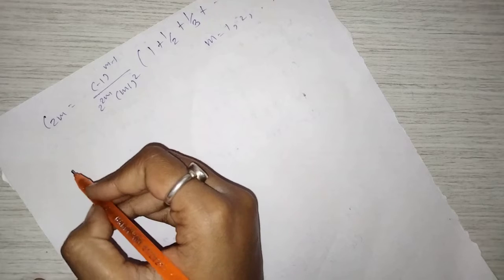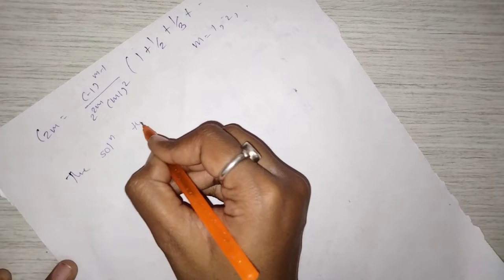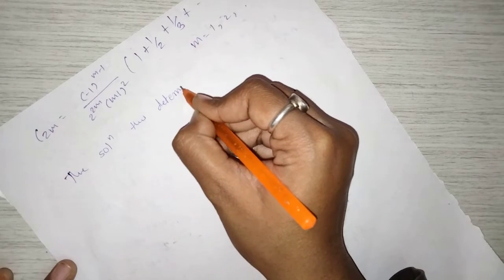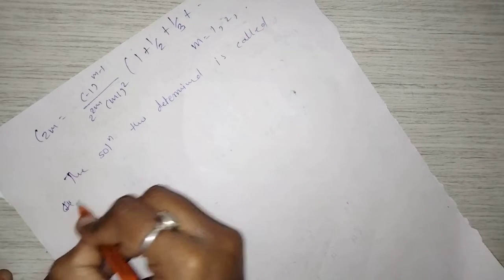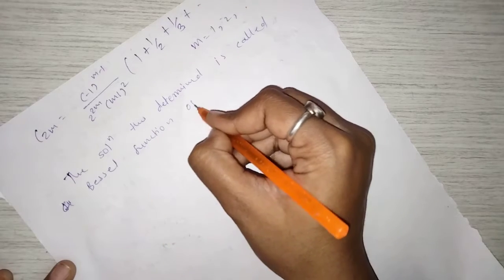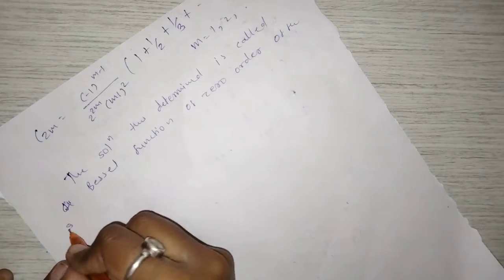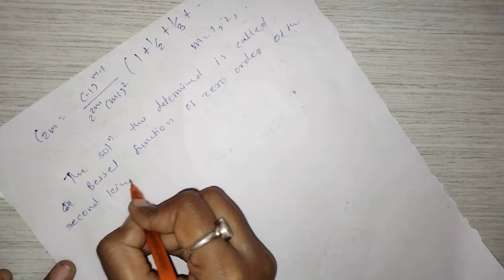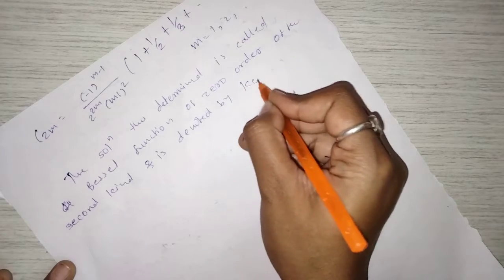The solution thus determined is called a Bessel function of zero order of the second kind and is denoted by k naught.